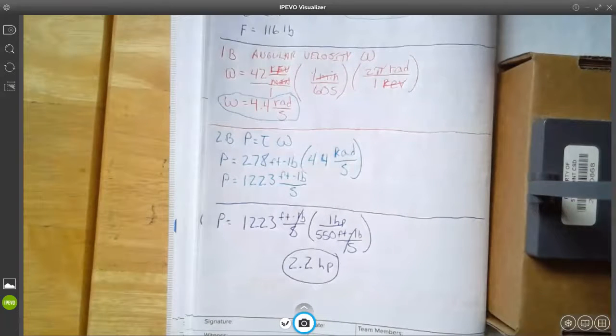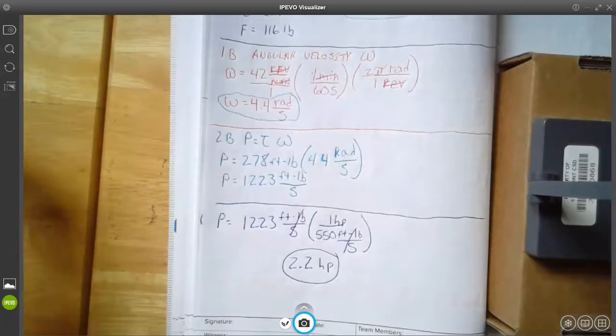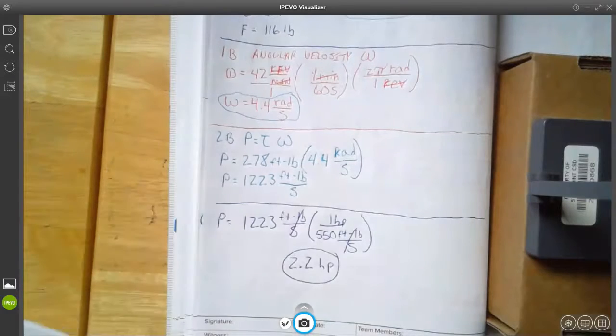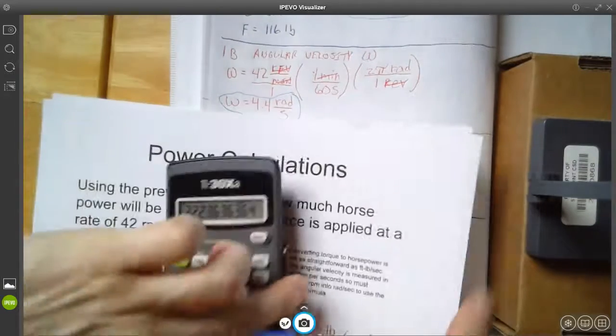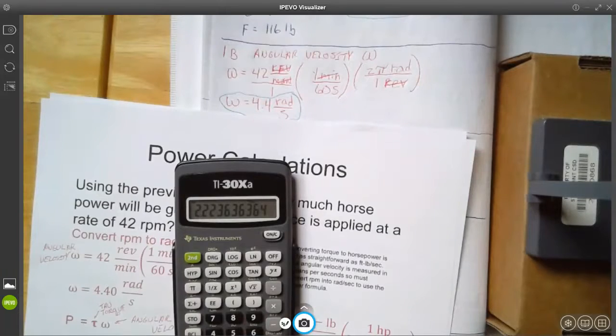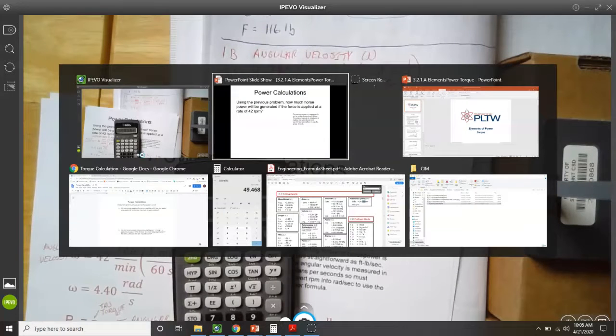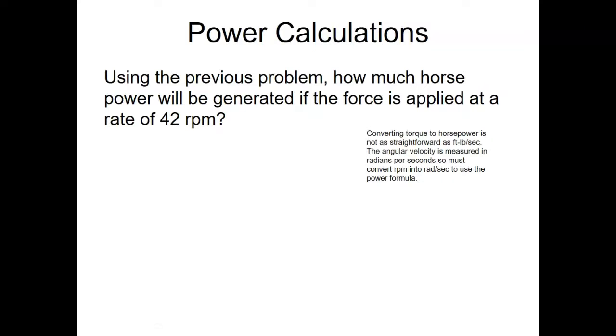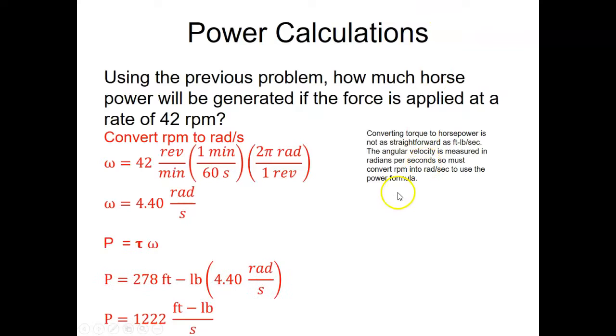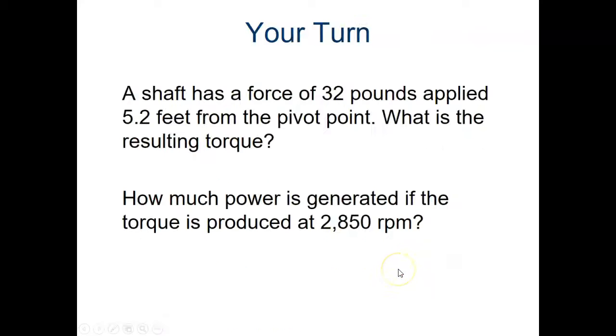So that's how you calculate regular horsepower. What I'm going to do is go back to my spreadsheet, or my PowerPoint, and we'll run through what I just showed you. Now, this last problem is a shaft that has a force of 32 pounds applied, 5.2 feet from the pivot point.